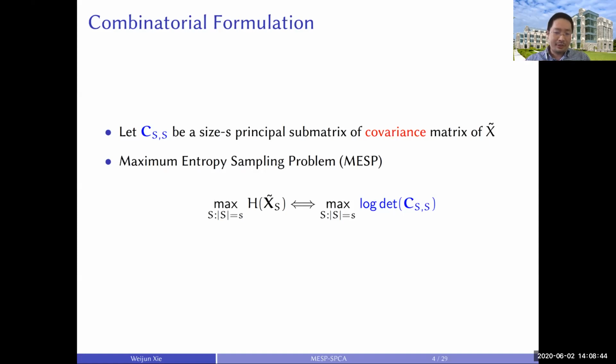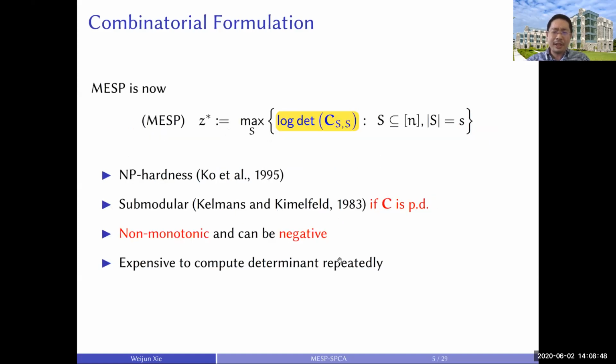As you can see from its description, this type of problem can be very difficult, and it has been studied by many researchers in many different areas. For example, in 1995 it was already proven to be NP-hard, which is not a surprising result.